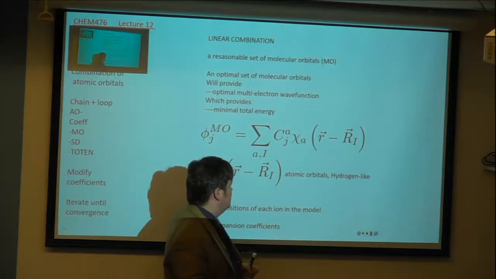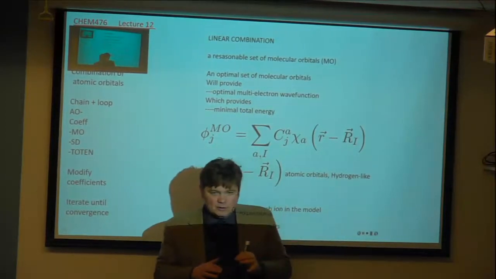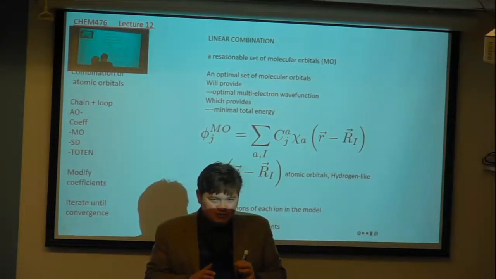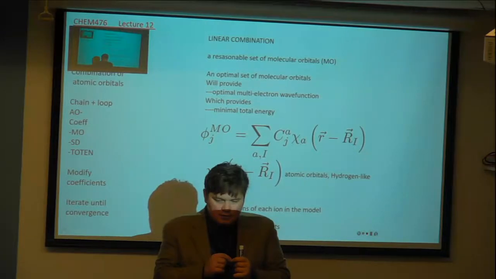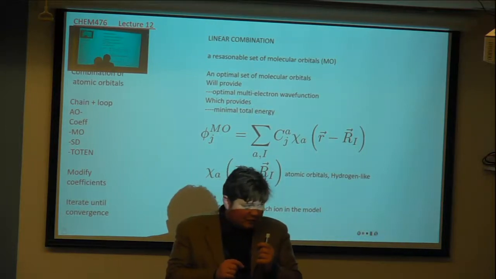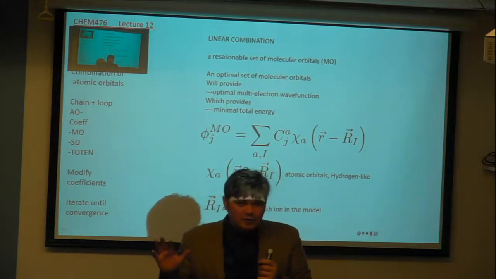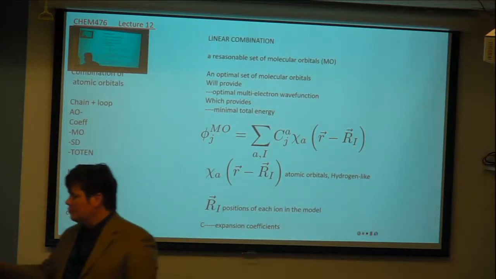Now, at each ion, we have a set of atomic functions. Atomic functions depend on the position of the electron, right? In the hydrogen atom, the position of the electron is counted from the origin.